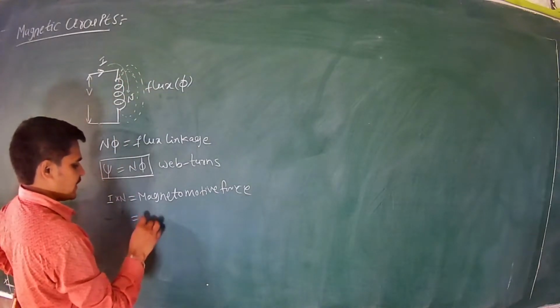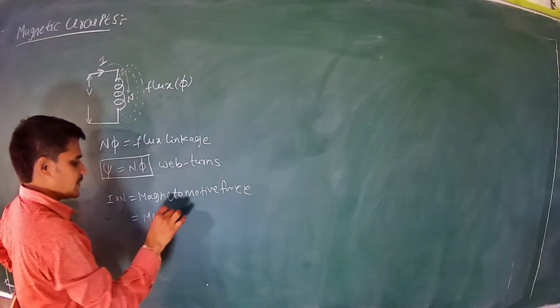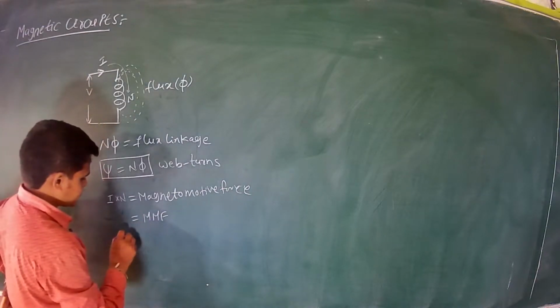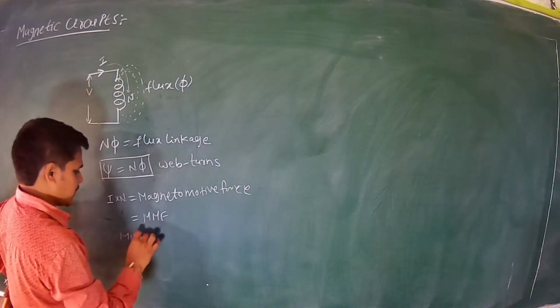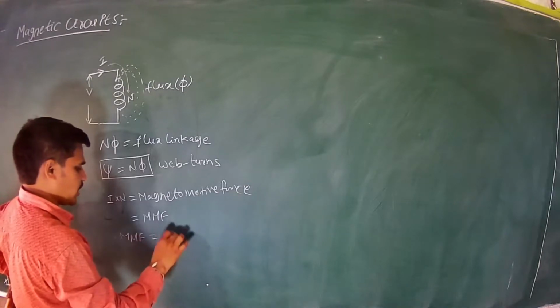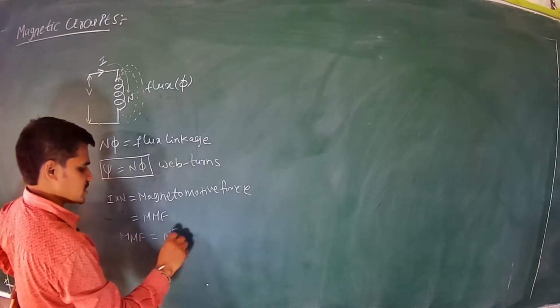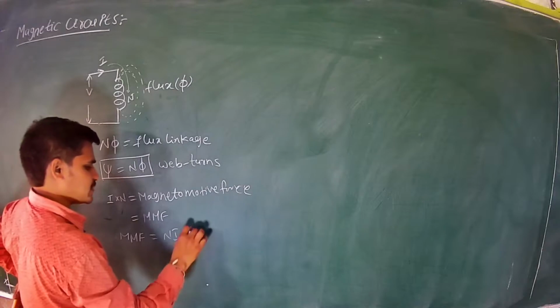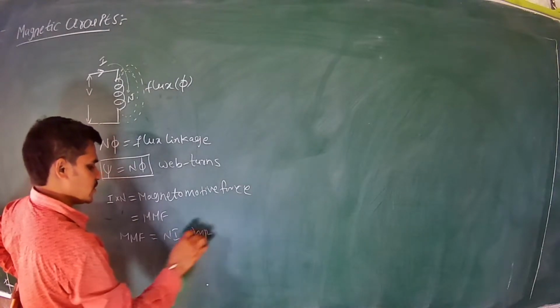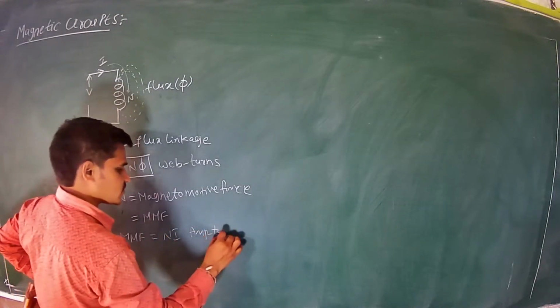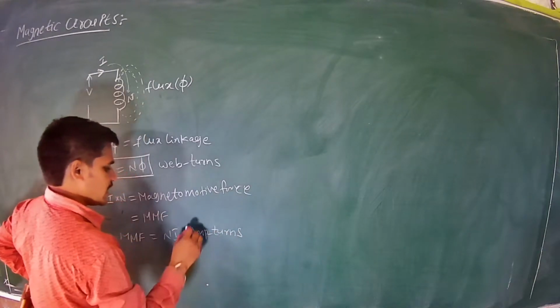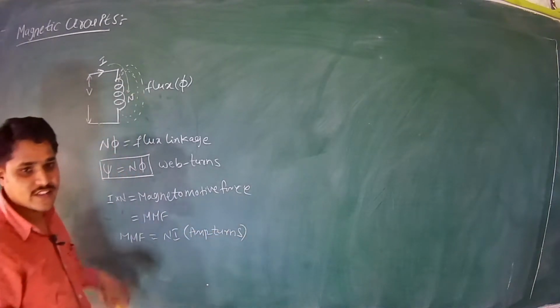This is called MMF. What are the MMF units? MMF is nothing but N into I. Current is measured in amperes and turns is a constant. Therefore, ampere turns is the unit for MMF.